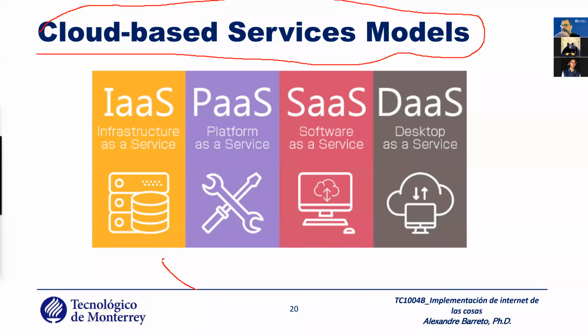For example, you enter Azure and define, okay, I want a server with this processor, this amount of memory and this amount of storage, and Amazon will create one virtual server like you defined. Okay, it's the IaaS.